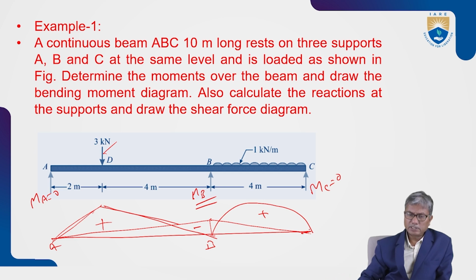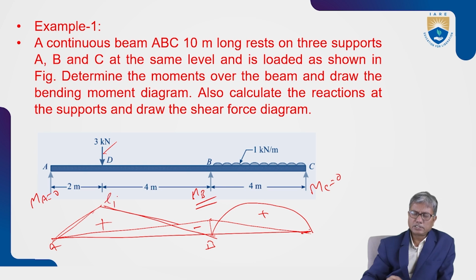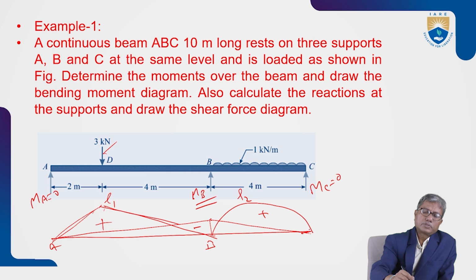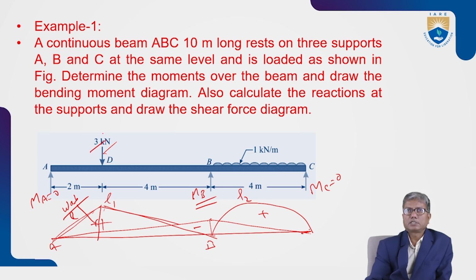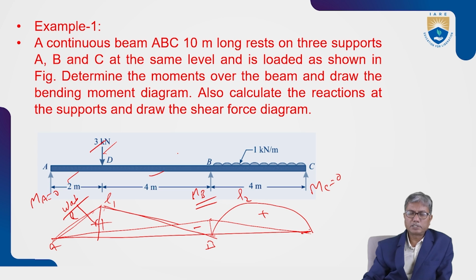Here, span L1 is given as 6 meters, span L2 is given as 4 meters. For drawing the simply supported bending moment, this moment will be WAB by L. W is given as 3 kilonewtons, a is 2 and b is 4 meters, and here L1.